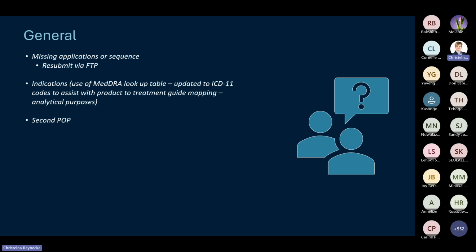So we have aligned on using the ICD-11 codes. You will note as well that we have changed that field on the application screen. So we have multiple ICD-11 codes that may be selected for a product.